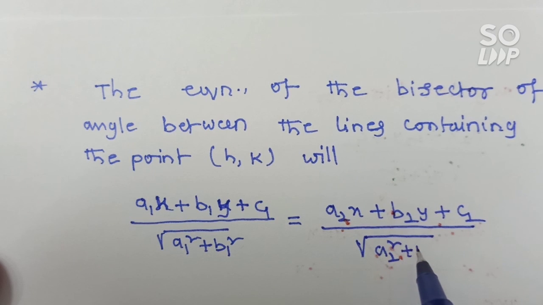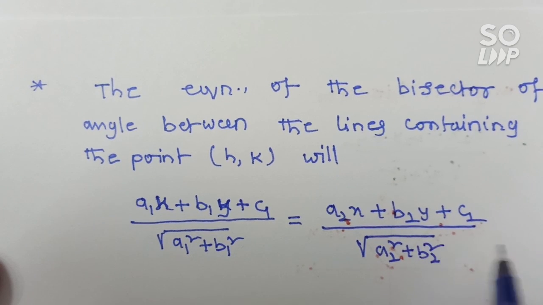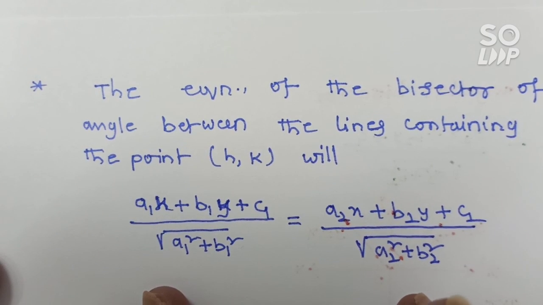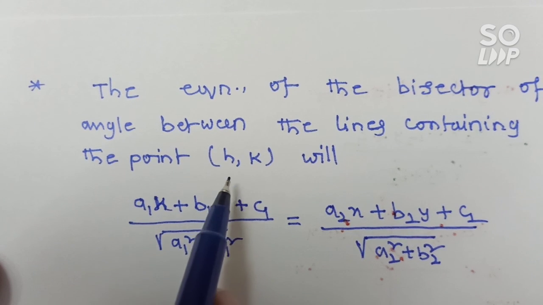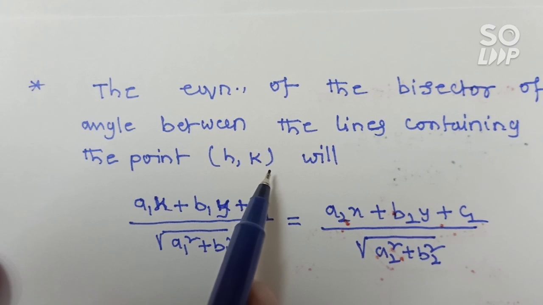This one is the required equation of the angular bisector between the two lines containing the point h comma k.